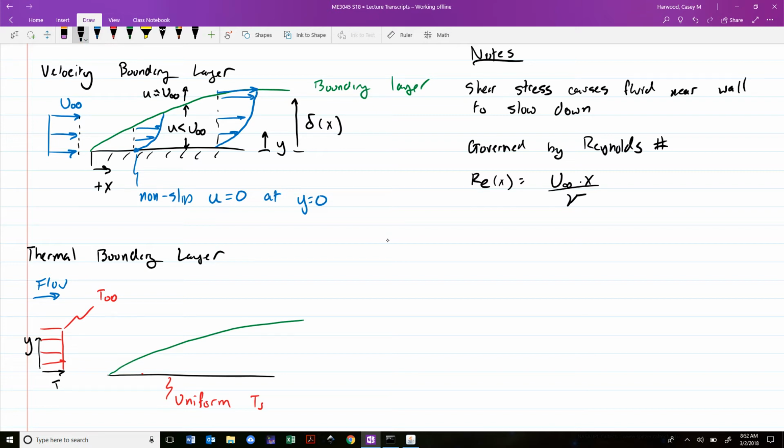So what that's going to look like is, let's say that this is Ts, this is T infinity.